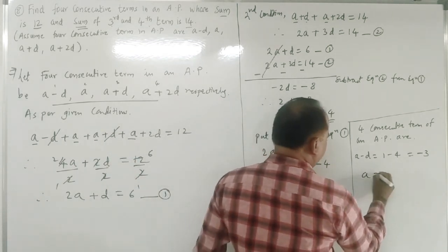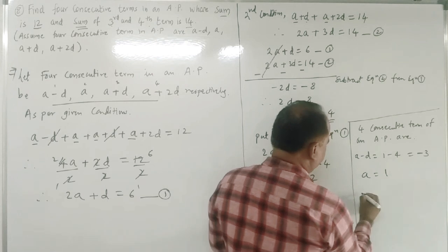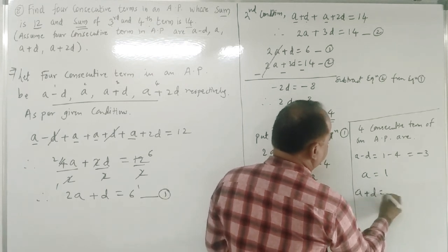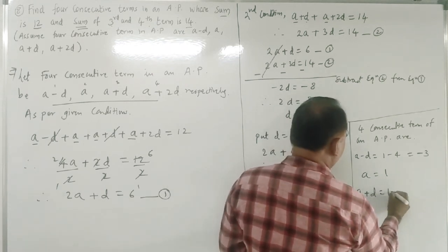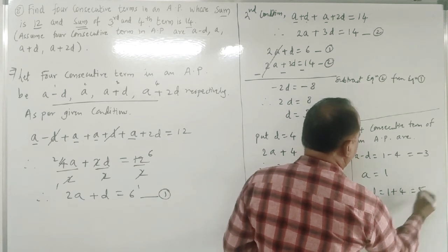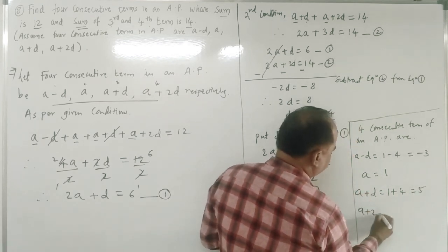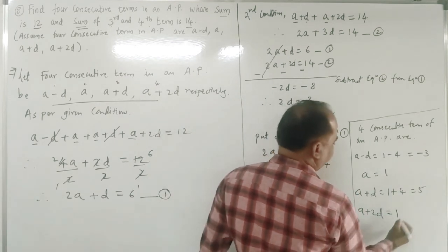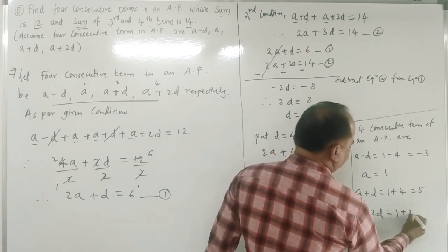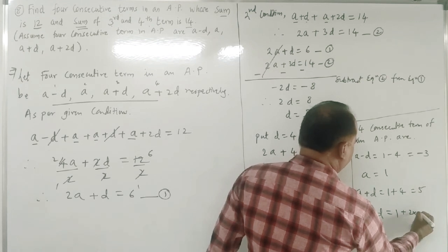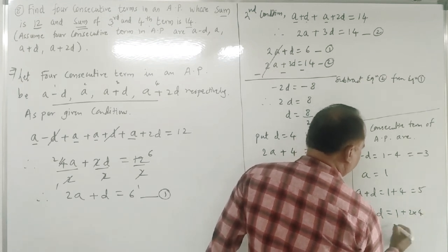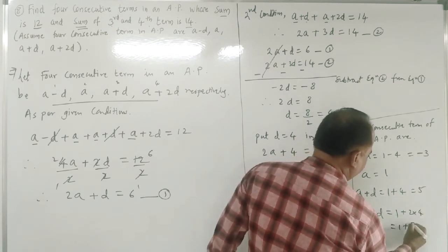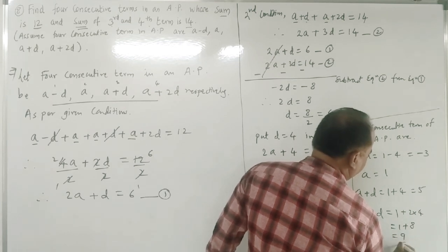Second term is A is equal to 1, then A plus D, third term, that is 1 plus 4, which is equal to 5, and A plus 2D is the fourth term, so 1 plus 2 into 4, which is 1 plus 8, which is equal to 9.